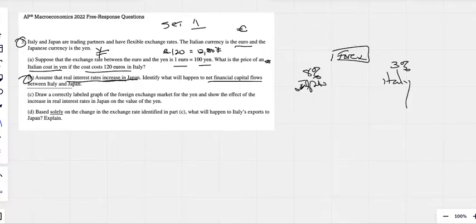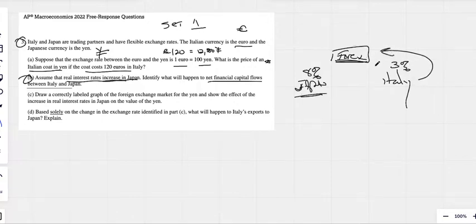I know that's confusing, but when we get to the foreign exchange section, the FOREX, we like to call it, we think of these interest rates as pulling money from one country to another. So it tends to be that if Japanese banks are paying 8% on any money put into their bank, Italians are going to take their money, because their banks are only paying 3%.